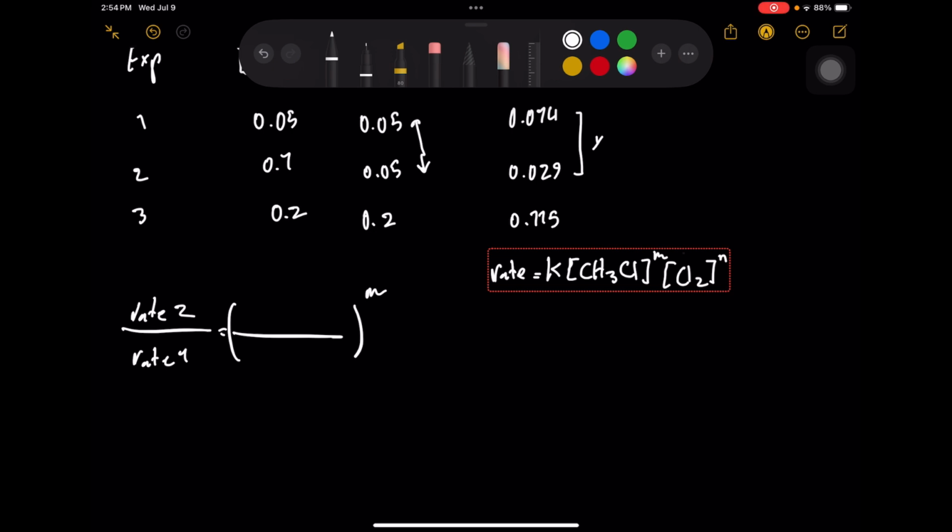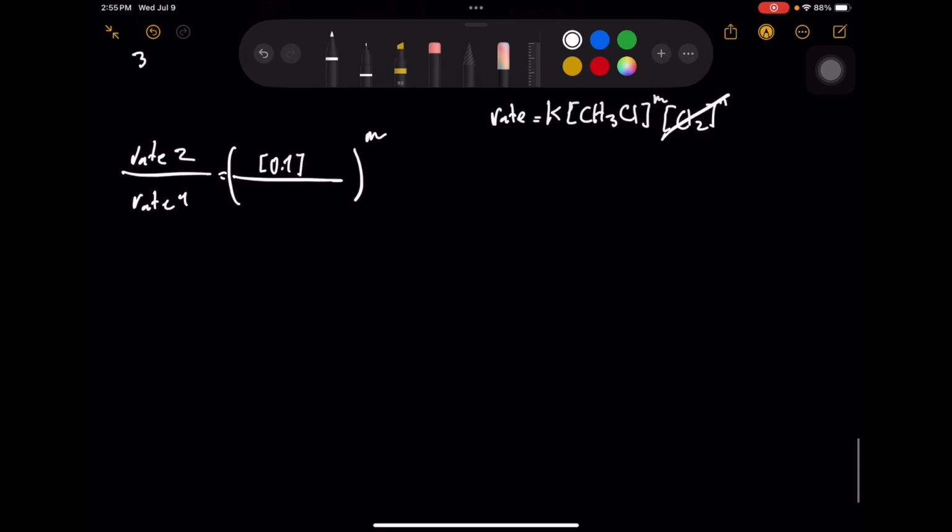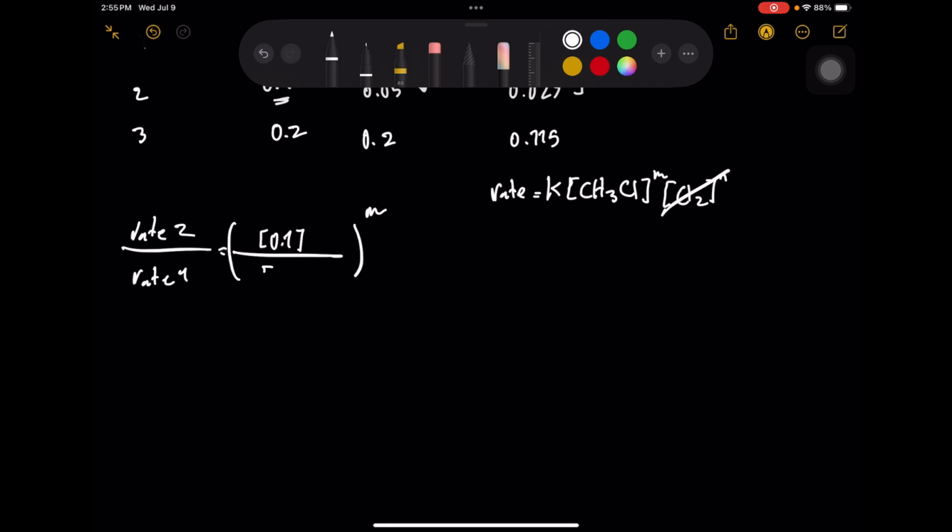Since we don't have any change in Cl2, we don't need to consider it. The concentration of the second one is 0.1 molar, and this one is 0.05 molar. The last answer would be the order of this reaction.